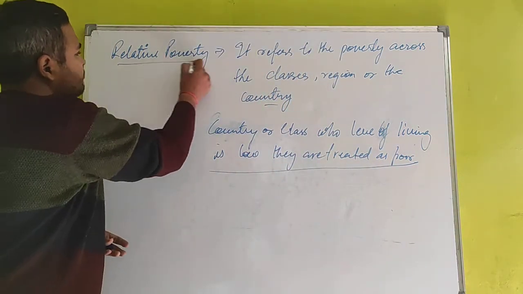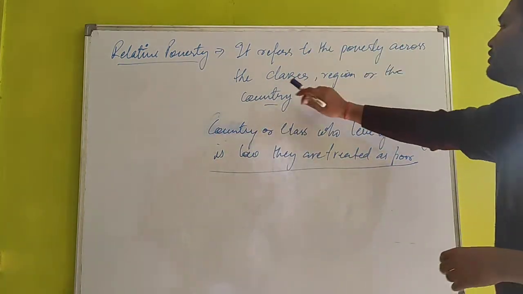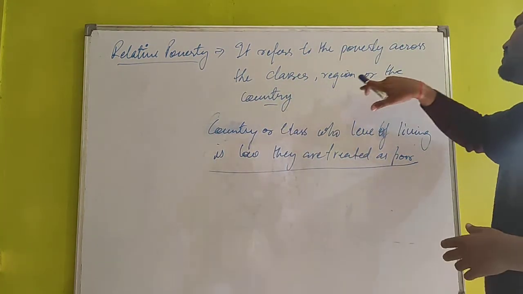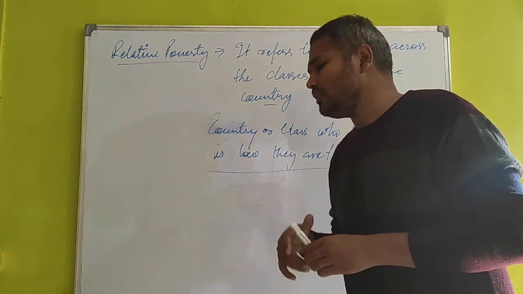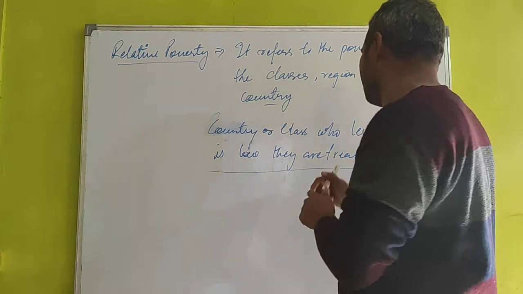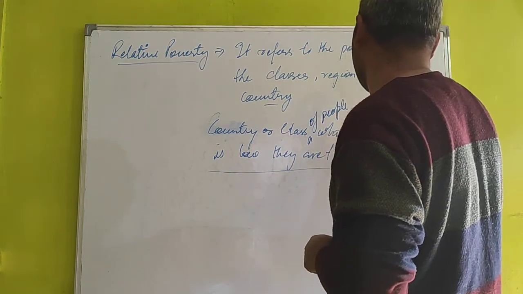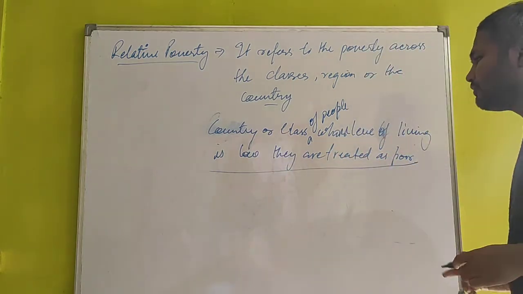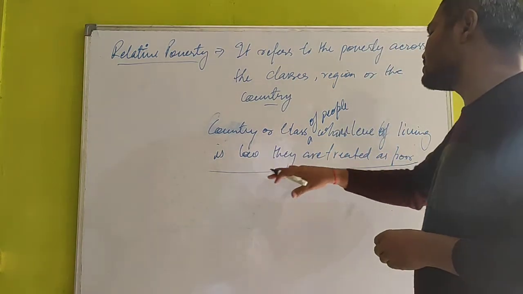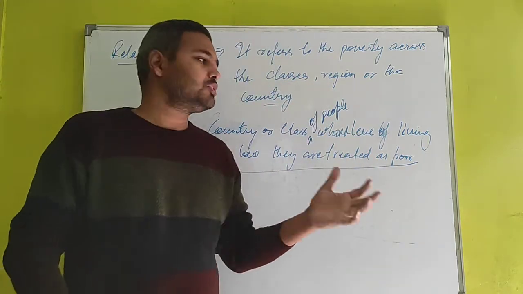So, relative poverty refers to the poverty across different classes, regions or a country. Which means the country or the class of people whose level of living is low, they are called poor.